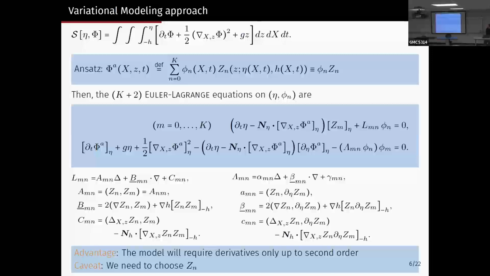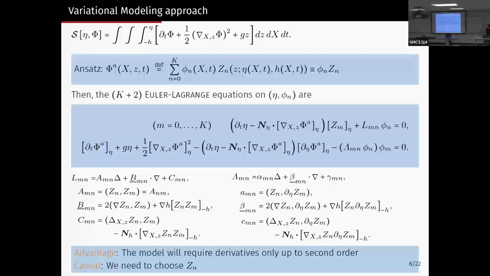The idea is to start from Luke's functional, which I write here again, and impose an ansatz of this form. This is a series where the Zn will be prescribed, known if you want, their form will be known.